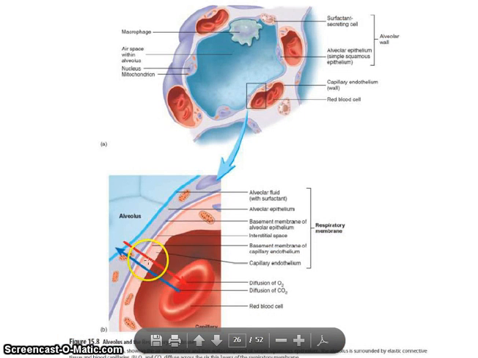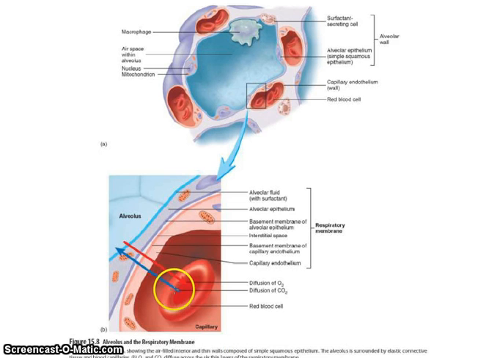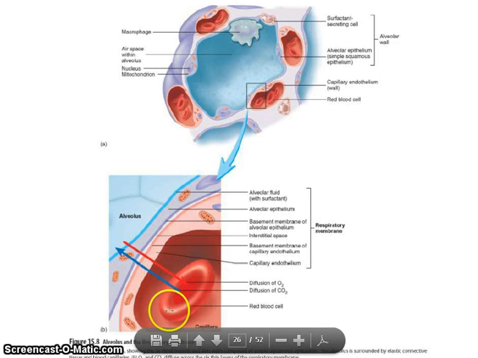All right, here is a representation of a red blood cell. Carbon dioxide, as the red blood cell is returning to the capillary networks, to the lungs.